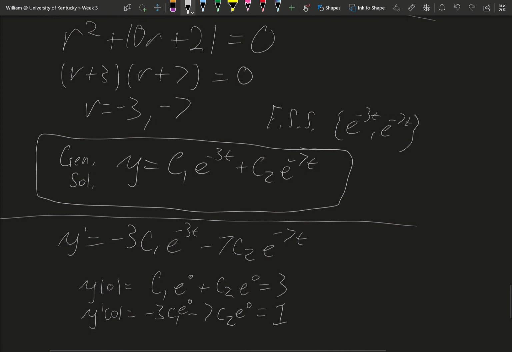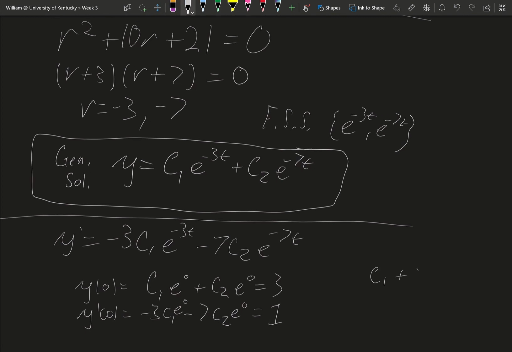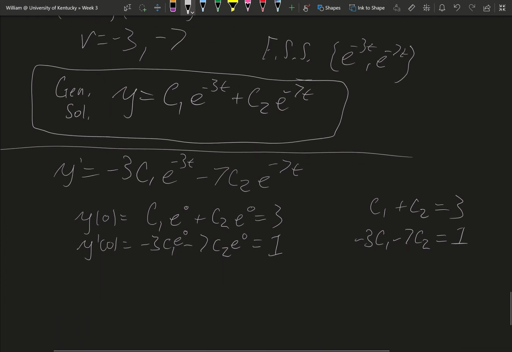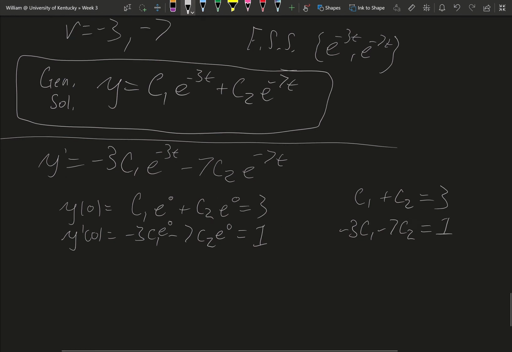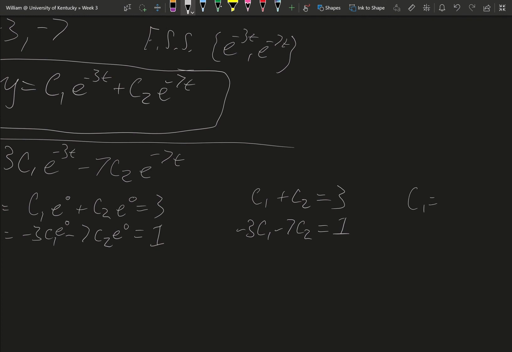Okay, so we want to solve the system. c1 plus c2 equals 3, and negative 3 c1 minus 7 c2 equals 1. So we can do this a bunch of different ways. Let's just solve for c1. So c1 equals 3 minus c2.